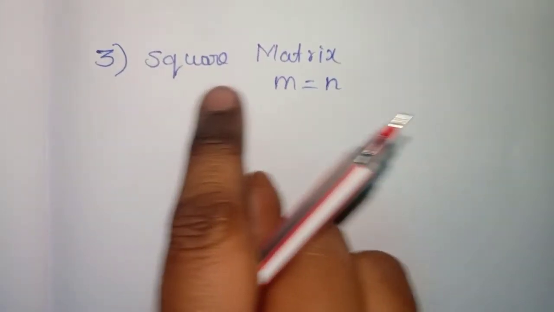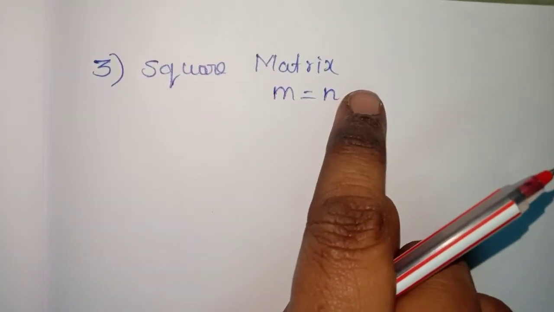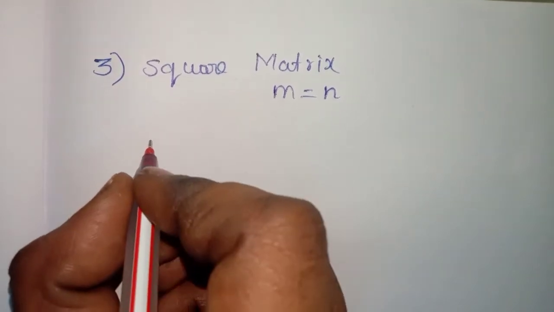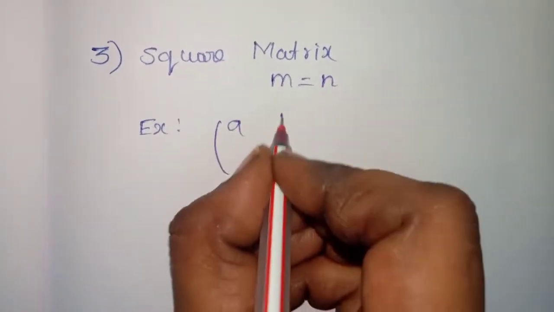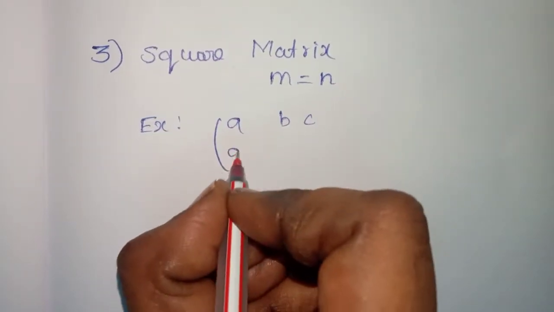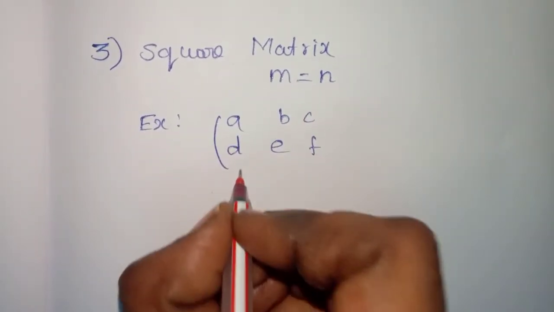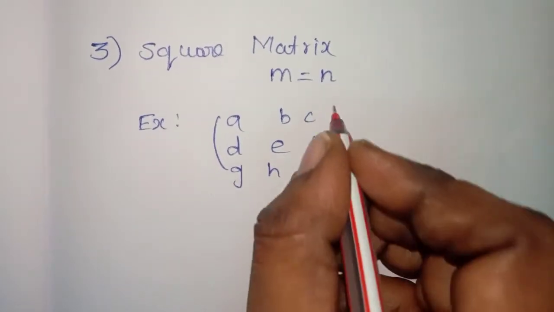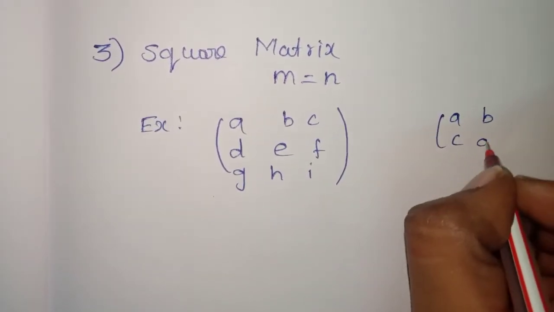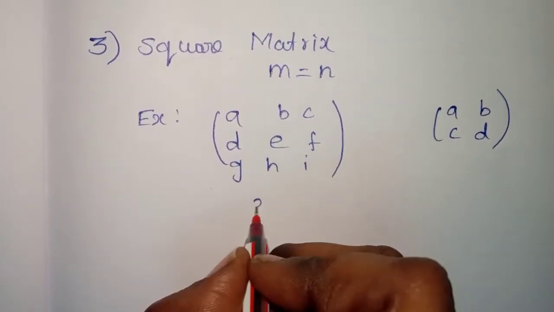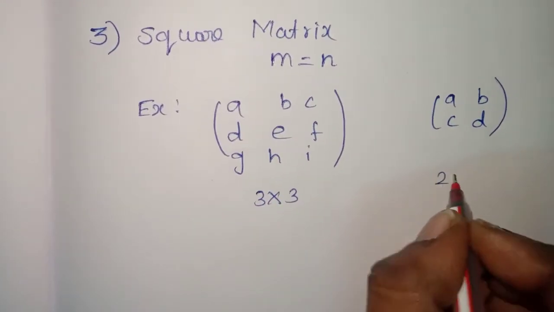For example, if the number of rows equals the number of columns, then the matrix is called a square matrix. Example, there are 3 rows and 3 columns. It is called a 3 cross 3 matrix. Next example, 2 rows and 2 columns. This is called a 2 cross 2 matrix.